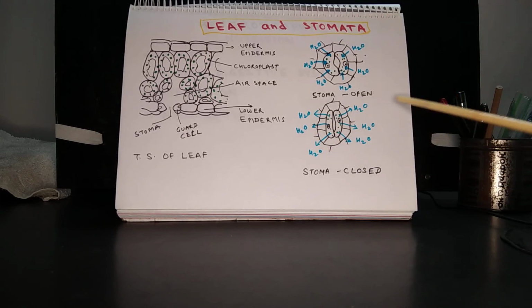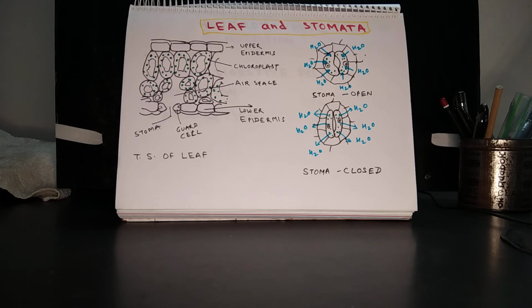Once water moves out, the guard cells shrink and the stoma is closed. So in case there is no need of transpiration, or if there is too much heat and there is a fear of excess loss of water, then the stoma gets closed. If there is a need for transpiration, there is a need for photosynthesis, then the stoma opens. That is how it is regulated.